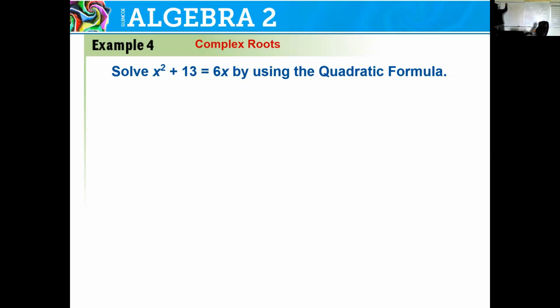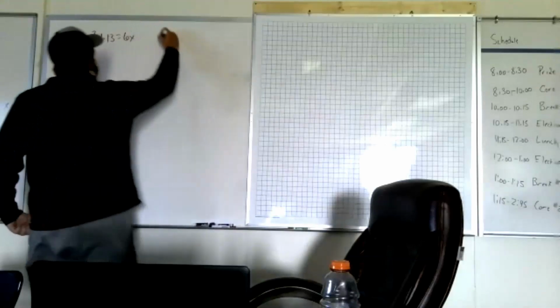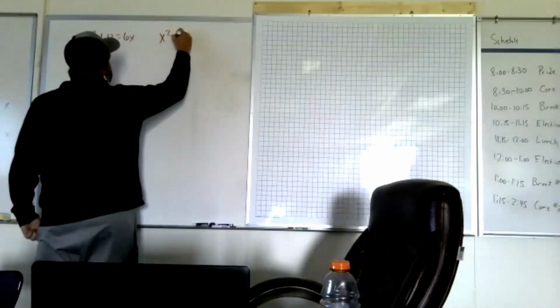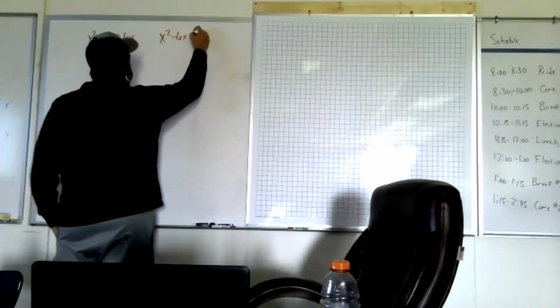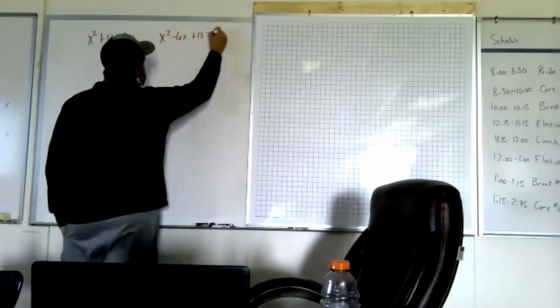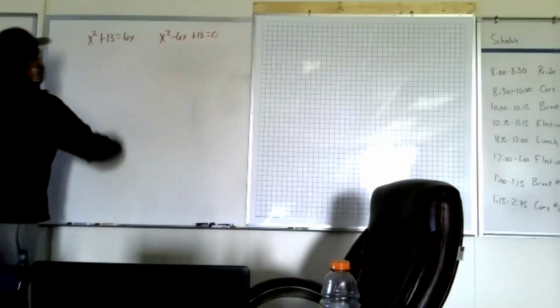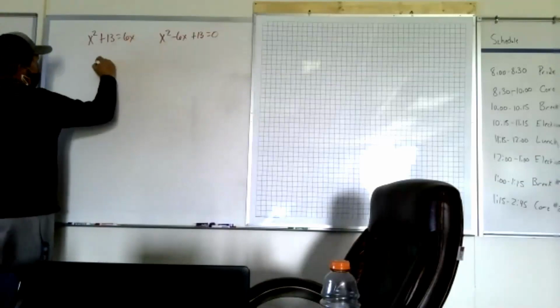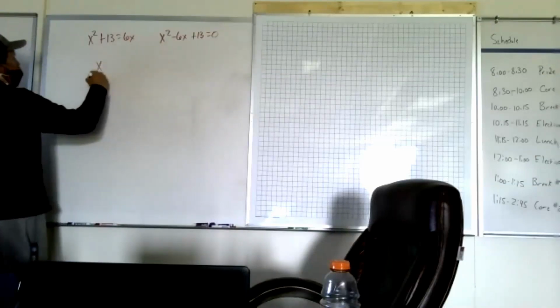So x squared plus 13 set equal to 6x is going to turn into x squared minus 6x plus 13, because I'm going to subtract 6x from both sides. Plus 13, set it equal to 0. Okay, now I've got it in the format where I can use the quadratic formula.